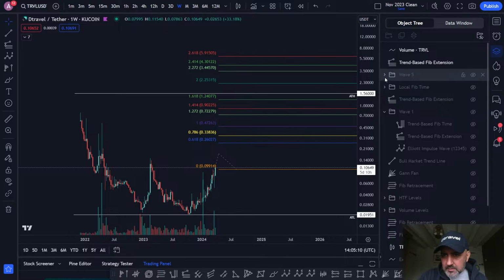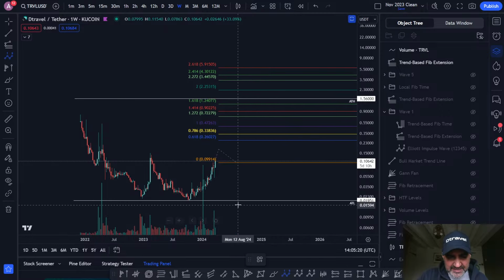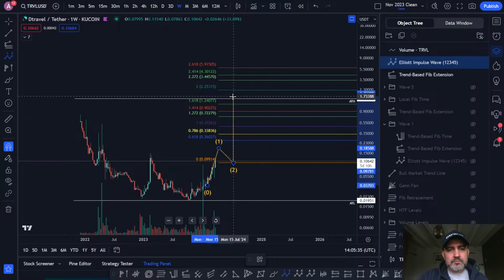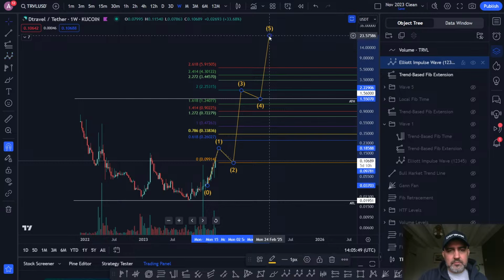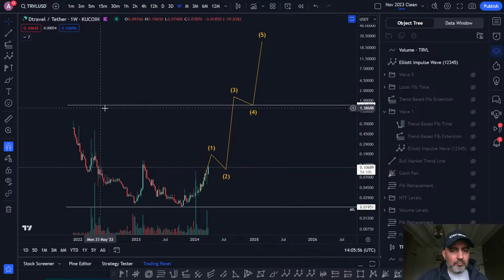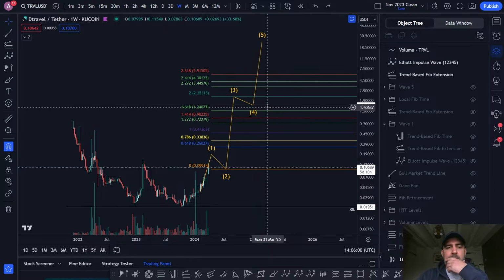Where is it? Maybe not. It depends on that 4.